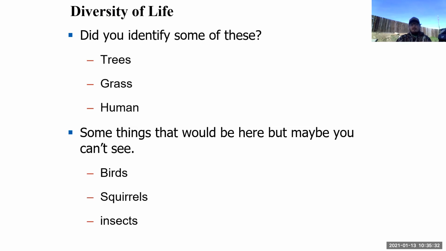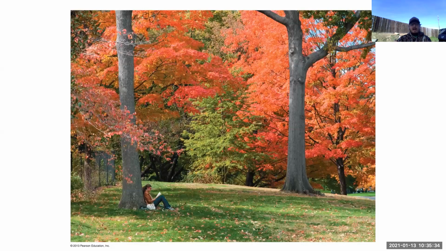If we look back at this picture, what seems like a simplistic picture in terms of living organisms is actually, at a more complex level, full of diversity, especially when you start breaking it down into species and not just types of organisms.